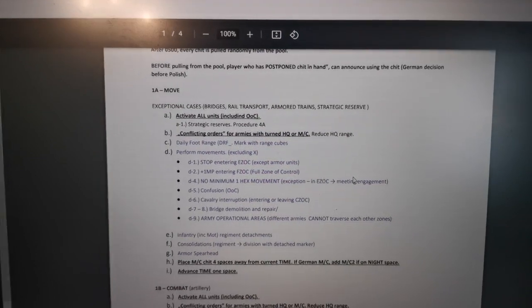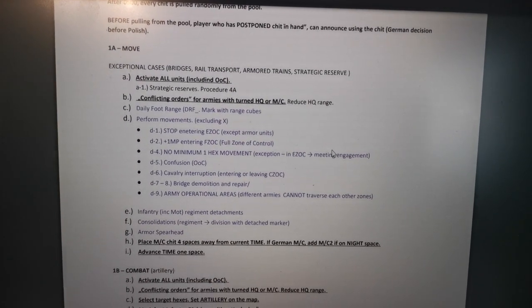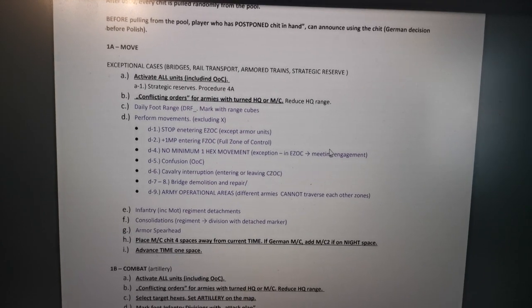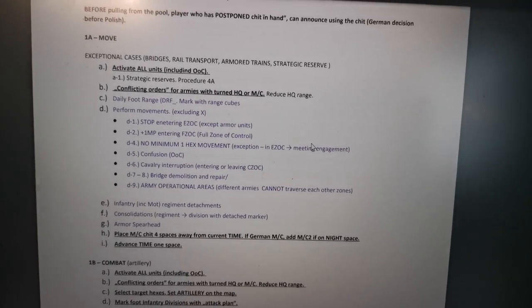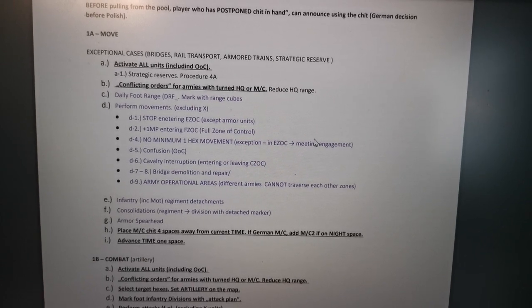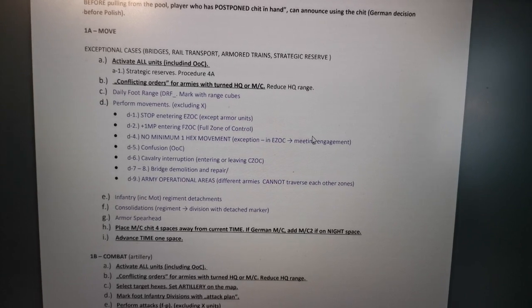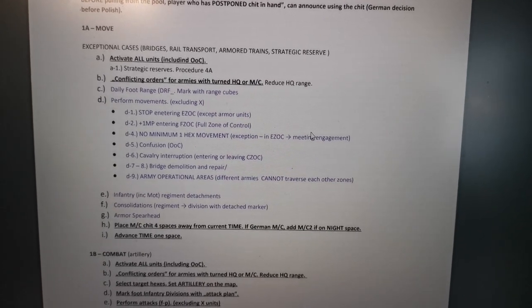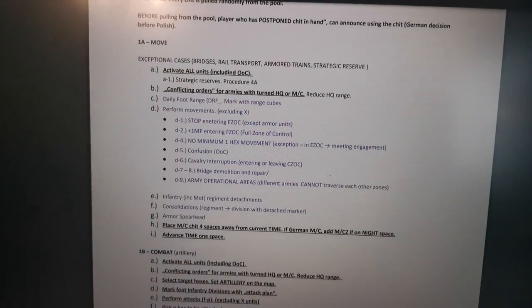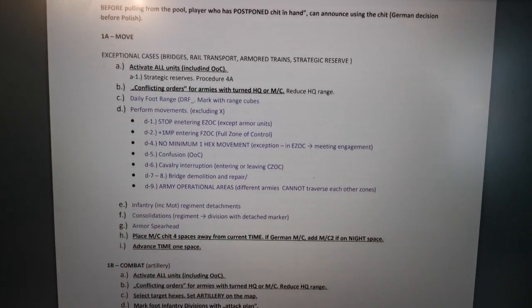So a little small recap. C, remember about daily foot range. D, perform movements, remembering about stopping in zones of control, +1 entering full zones of control. No minimum 1 hex movement, exception in ISOC if this is the only option. Confusion, meaning check conflicting orders.